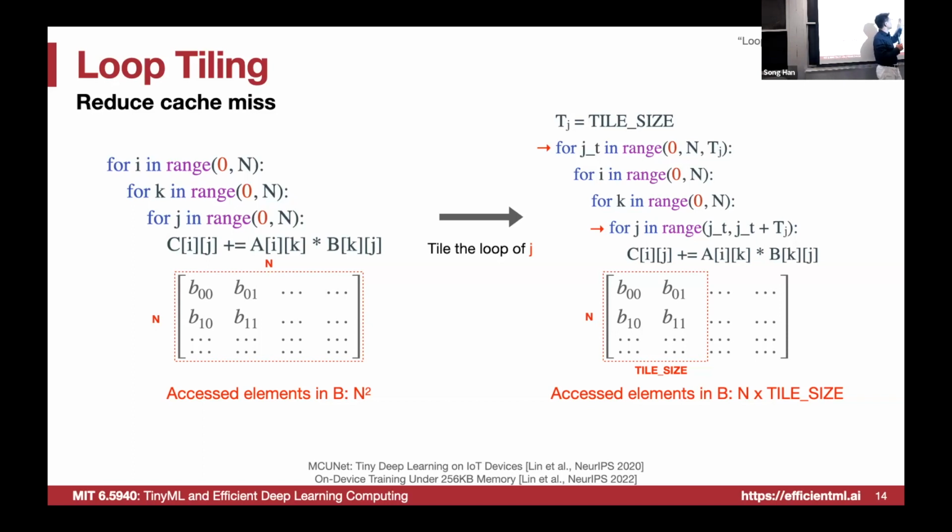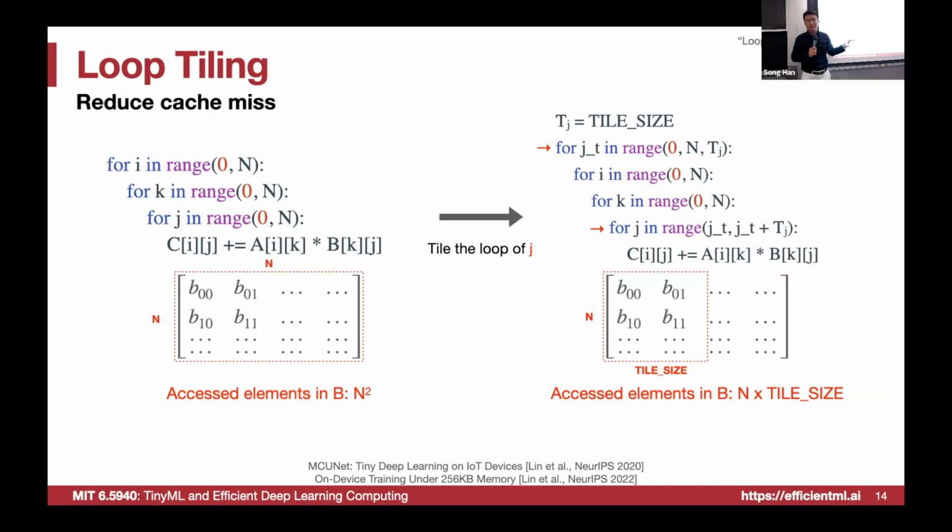So we carve out, partition, or block a small block of this B matrix so that we can have a smaller memory footprint. We only work on the first n by tile size block of the B matrix, exhausting all the elements here before we move to the next block, since this is in the outer loop.